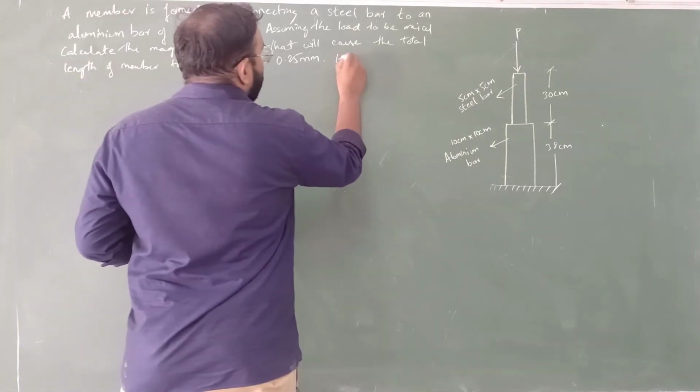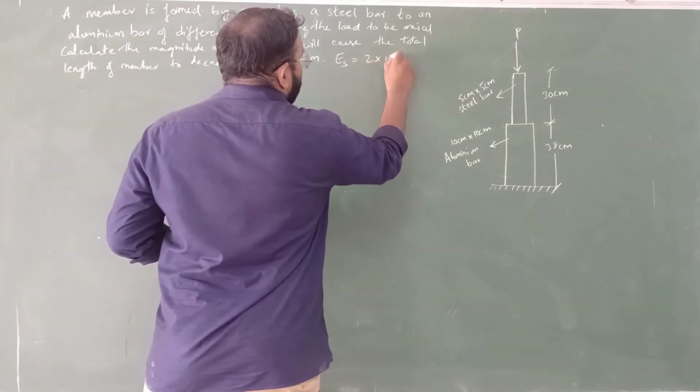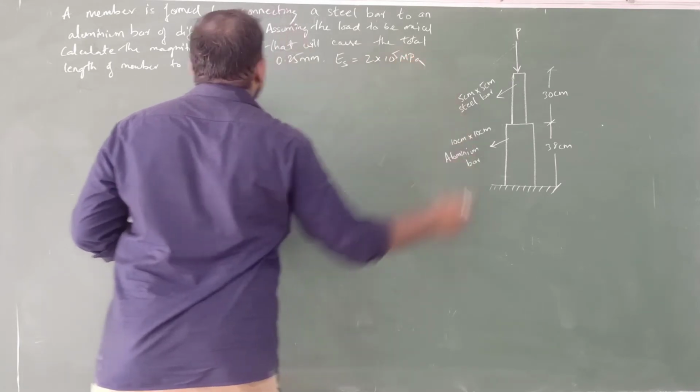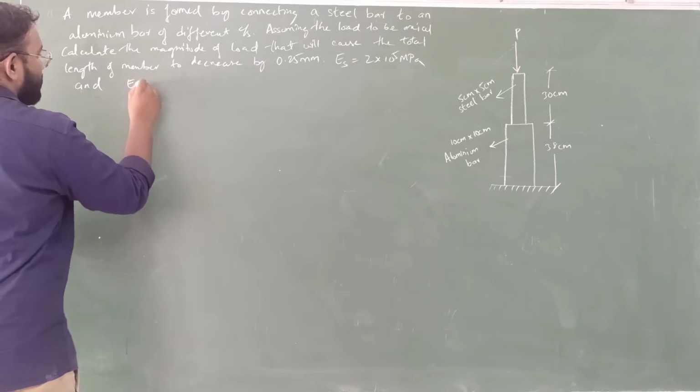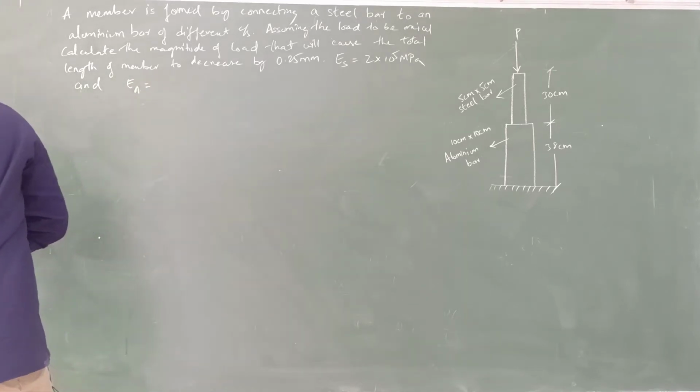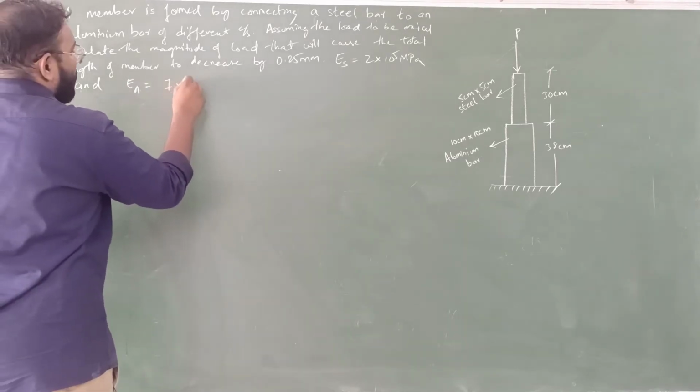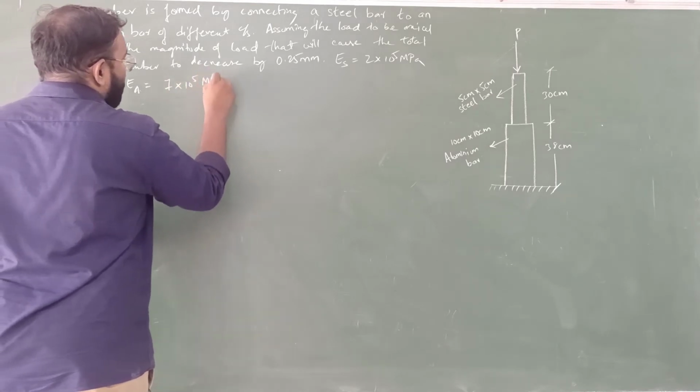Okay, take E for steel as 2 × 10⁵ MPa and E for aluminium is 7 × 10⁴ MPa.